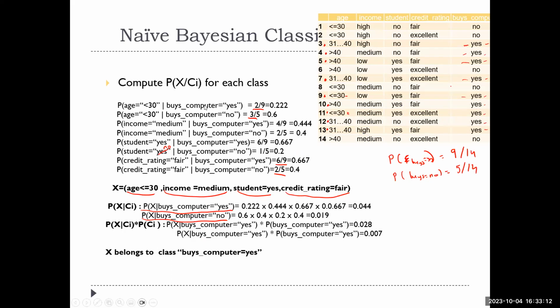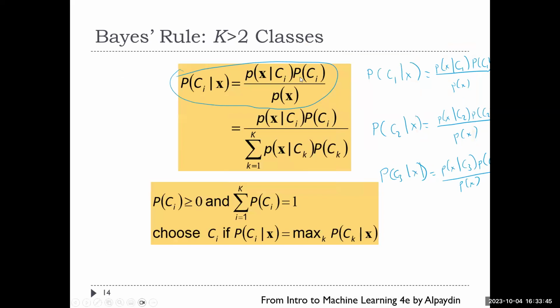So I multiply the probabilities for yes: 0.222 times 0.444 times 0.667 times 0.667. I get 0.044. For the other one, I multiply 0.6 times 0.4 times 0.2 times 0.4. I get 0.028. For the numerator, I need to multiply with the probability of the class.